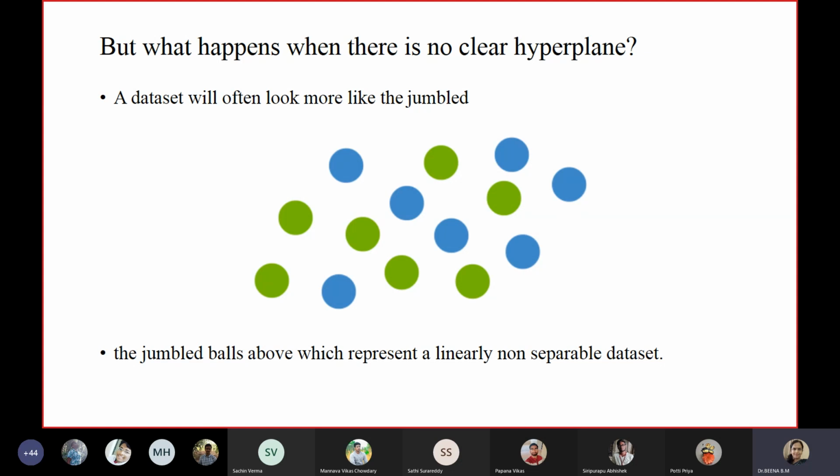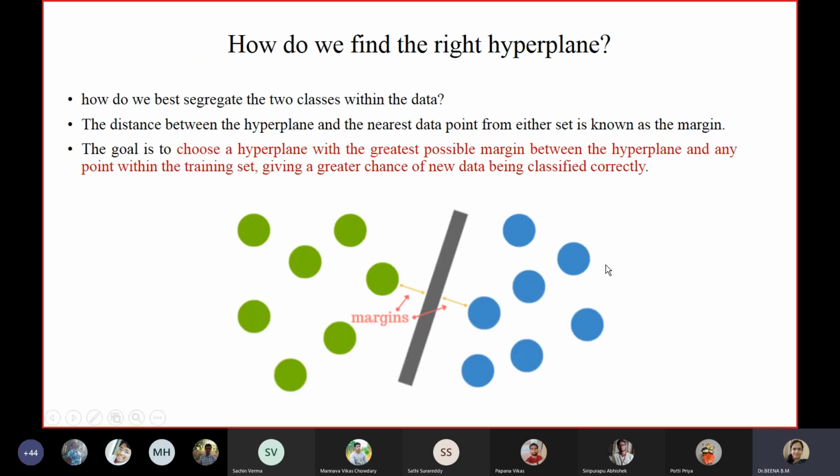Since there are two classes of data, if the data is clear, we draw a line. But what if the data is totally jumbled? We go for three-dimensional. Here the data is linearly separable, so to visualize this separation we go for 2D.